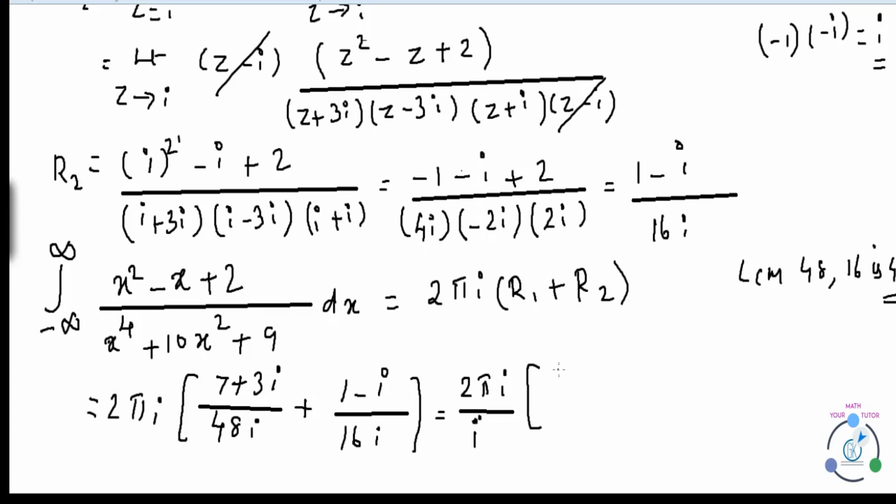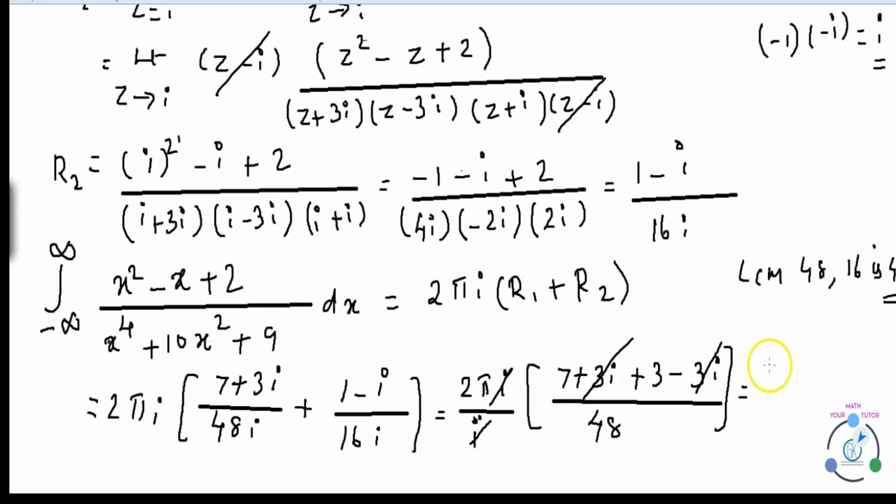After applying the LCM, we get 7 plus 3i plus 3 minus 3i by 48. 3i minus 3i is 0, and cancelling i terms, we get 2 pi by 48 into 7 plus 3 is 10.